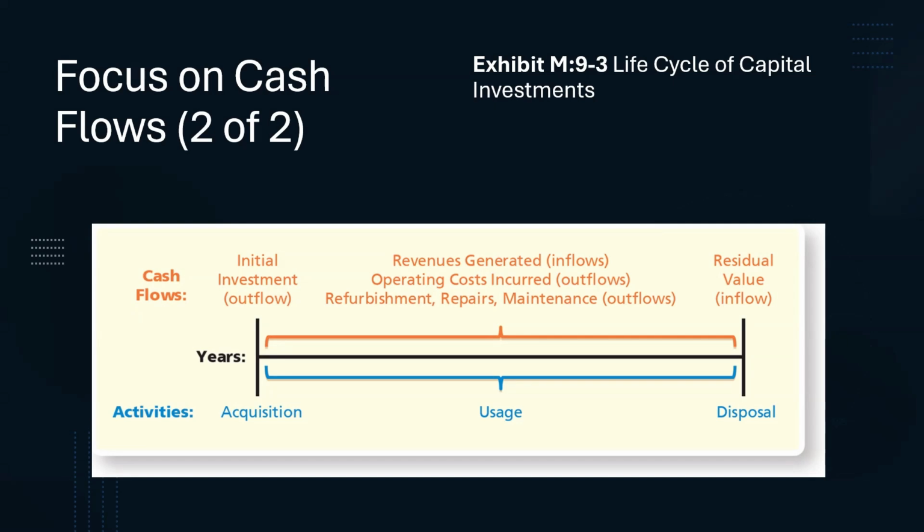You see here that cash inflows include future cash revenue generated from the investment, future savings in ongoing cash operating costs resulting from the investment, and any future residual value of the asset.